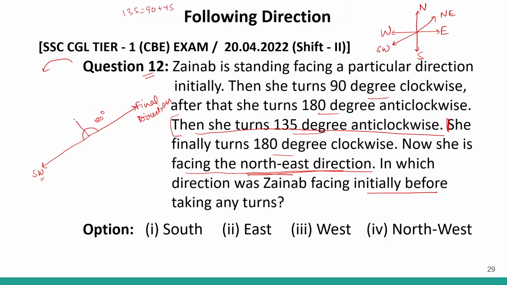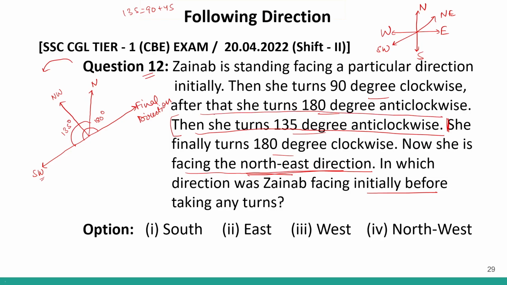So 90 degree will be here, which is the northwest direction. And this direction will be the north direction. This will be 135 degrees, correct? So from north, she moved 135 degrees anti-clockwise to reach southwest.